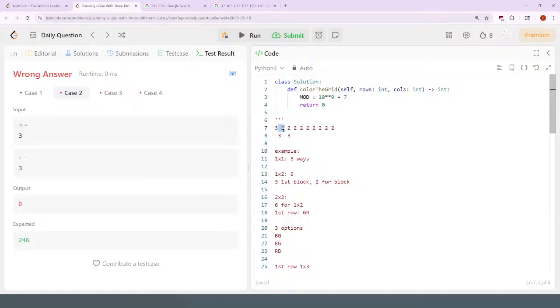So you have 6, you multiply by 3 to get 18. And then if it's 2 by 2, then you multiply by 3. Technically, if it's a 1 by 3, you multiply by 3.